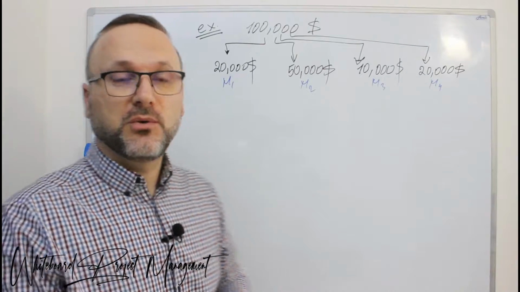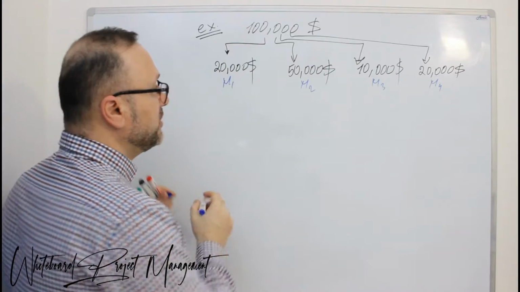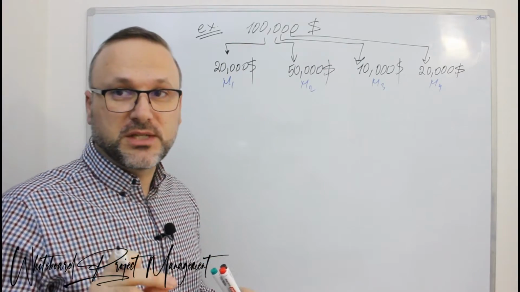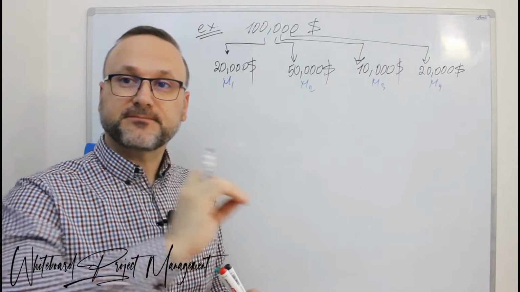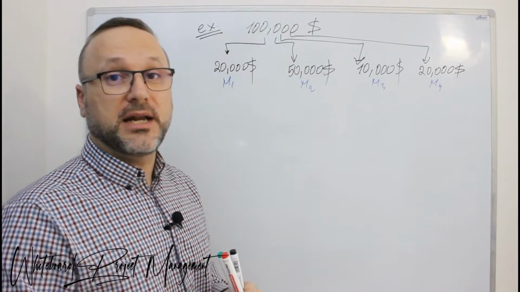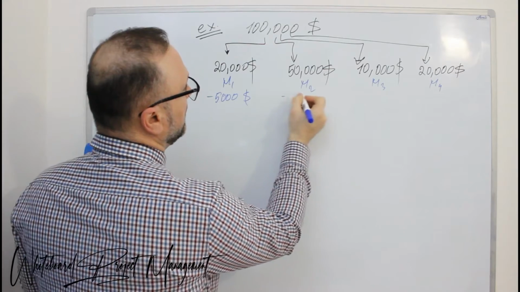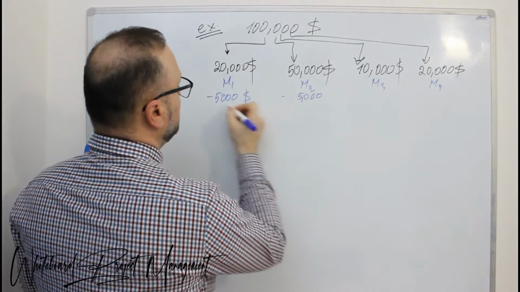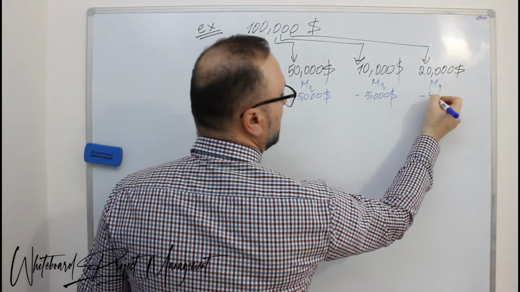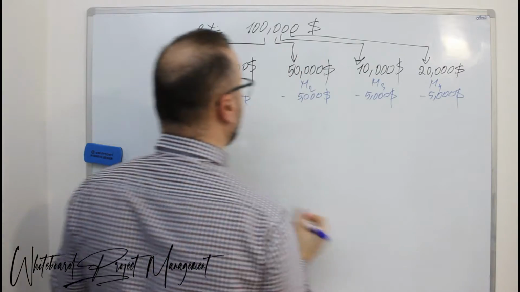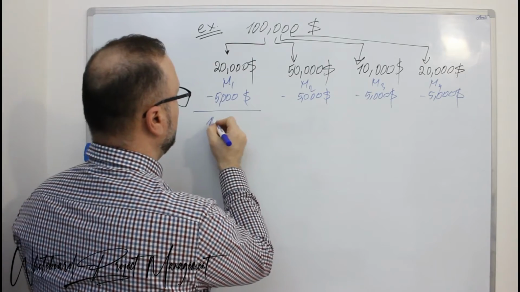So let's say that in this figure, the client will deduct 5,000 US dollars from each milestone to save it as guarantee bond. So this is minus 5,000, minus 5,000, minus 5,000, minus 5,000.